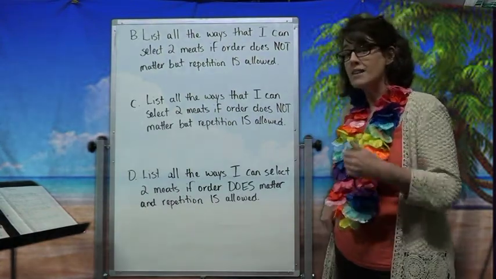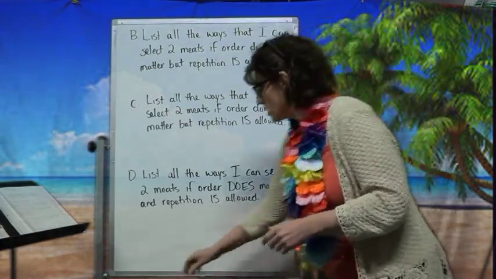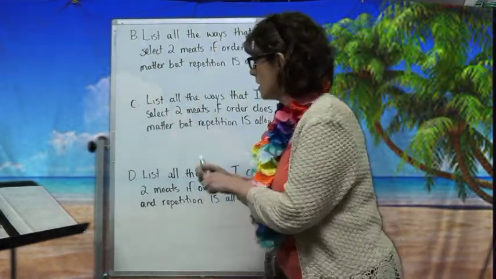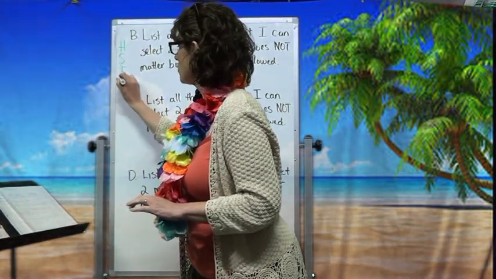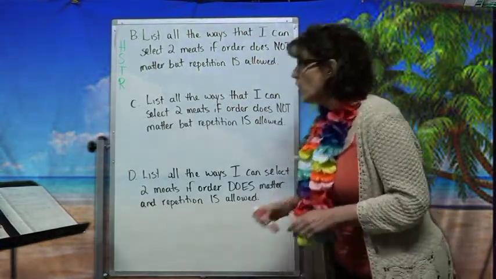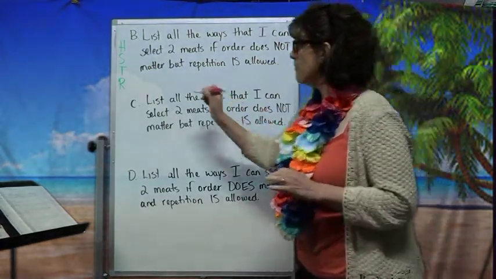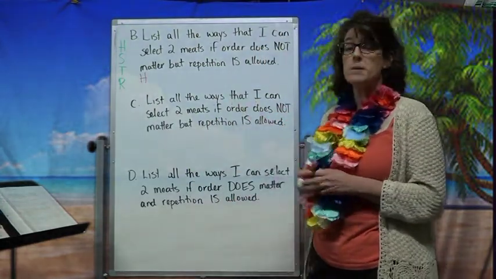So in other words, when I select that ham, I can double the meats. So let me just list up here, my options were ham, salami, turkey, and roast beef, just so that I can remember. So now I'm going to select ham first. But remember, double the meats is okay because repetition is allowed.